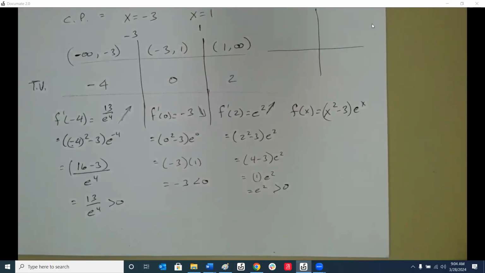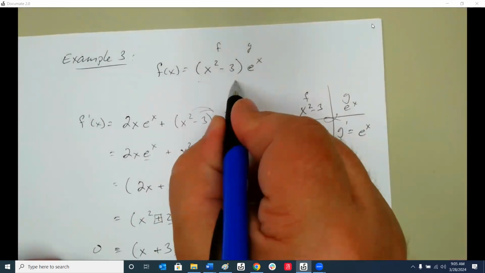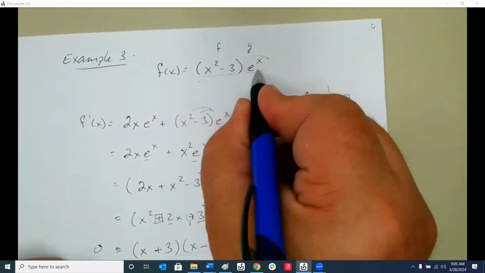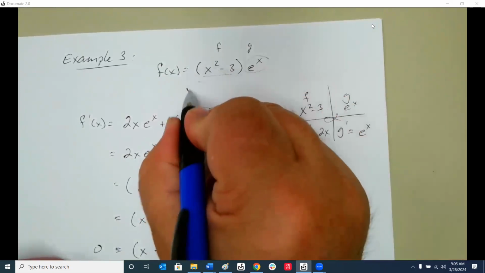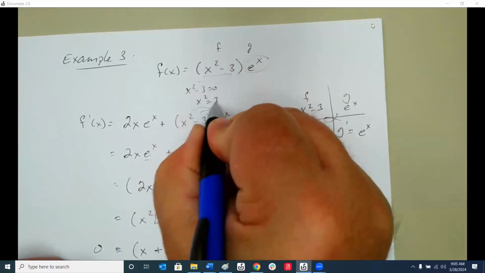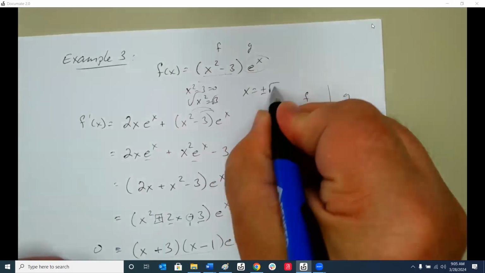So where do we have an x-intercept? Look at the original function. Set this, because this one can never be 0. So we set this one equal to 0. So x squared equals 3. x equals plus or minus square root of 3.